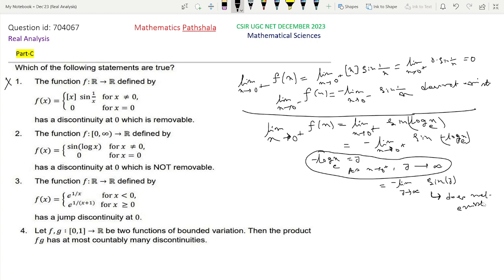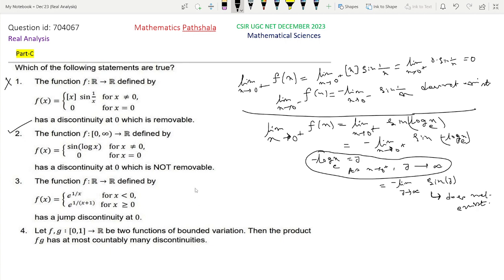If f has a removable discontinuity at 0, then we must have the limit as x tends to 0 plus of f(x) exist. As it does not exist, the discontinuity of f at 0 is not removable. So option 2 is the correct option.